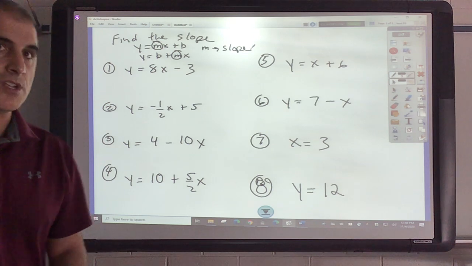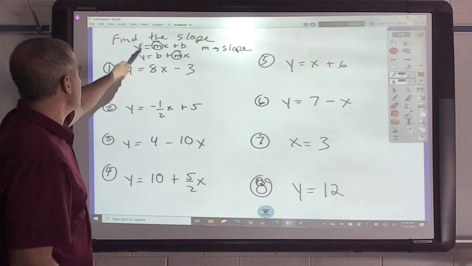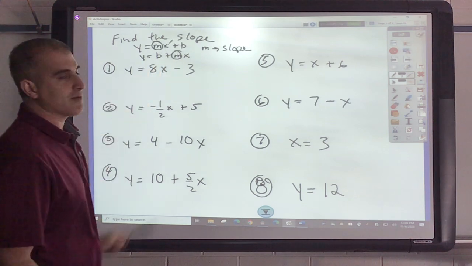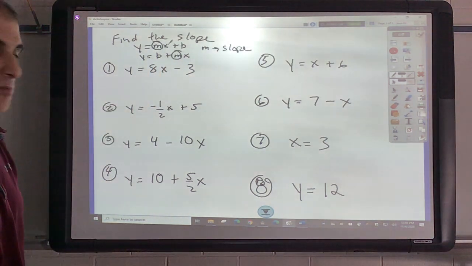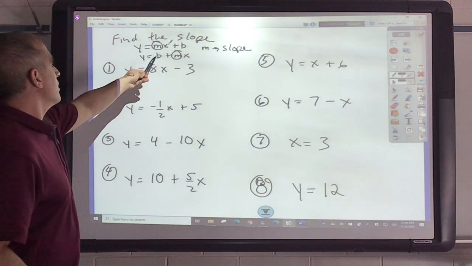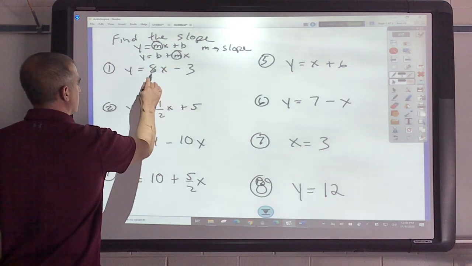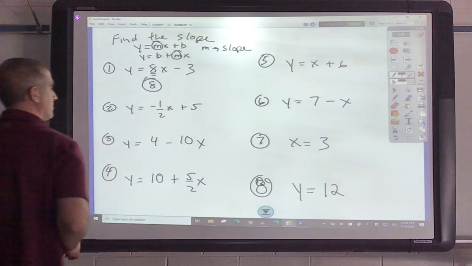We're going to talk about if there's only one letter in a little bit. The number in front of x is the slope. So for this one, the slope here would be 8.